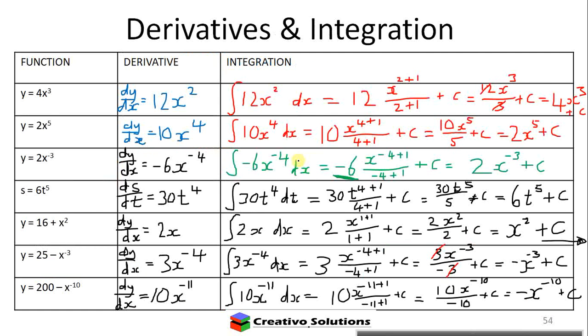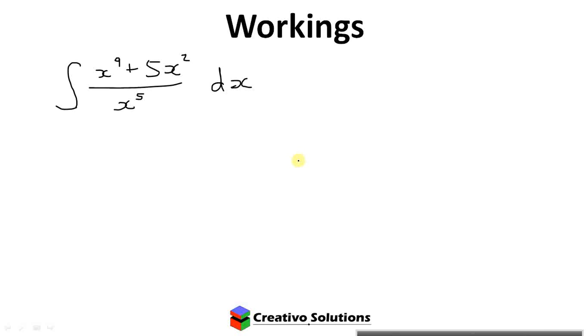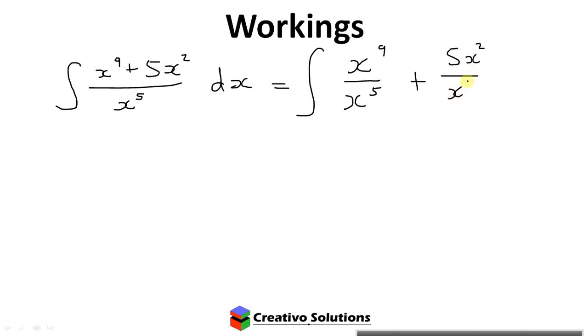Okay, so what are we going to do here? Get it in its simpler form. So x to the 9 over x to the 5 plus 5x squared over x to the 5 dx.